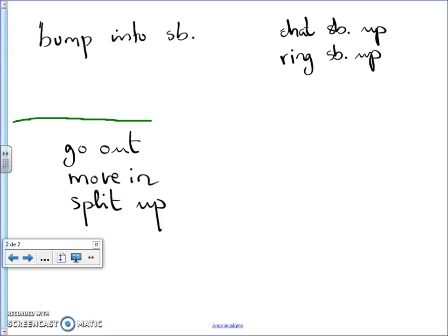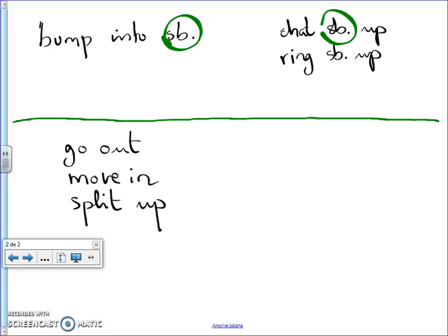If we draw a line here, we see that bump into somebody, chat somebody up, and ring somebody up are transitive phrasal verbs. They need an object. In this case, bump into somebody, okay, chat somebody up, and ring somebody up.